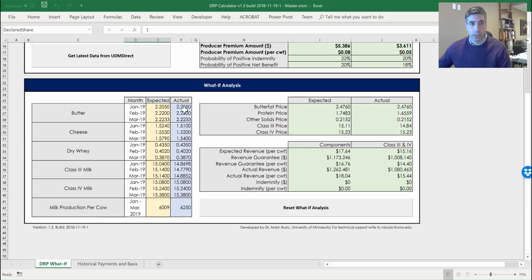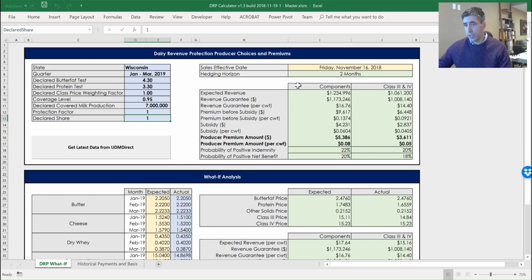When we start talking about the scenario analysis, you will also be able to control the blue cells in the what-if analysis part of the calculator. You will be able to set the final actual cheese prices, or butter and the dry whey prices, at a level that is different than the current futures prices.